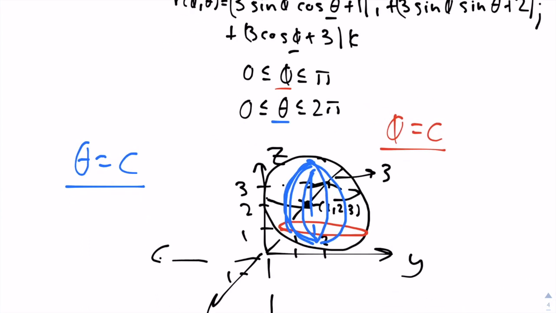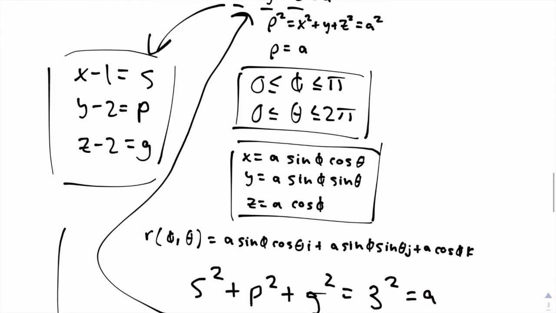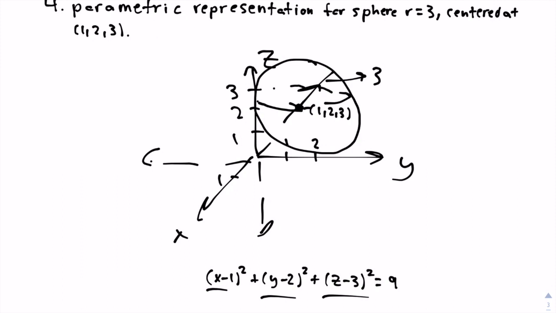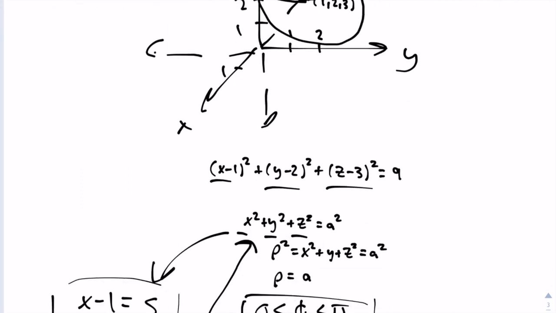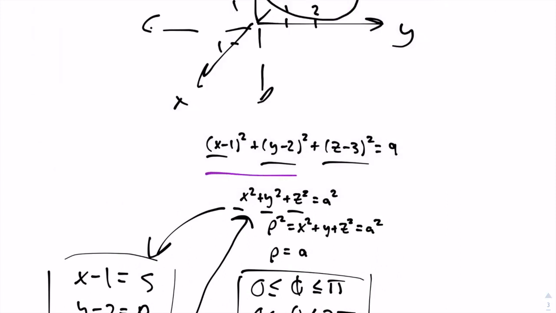So I guess that's it. Let's just recap a little bit to go over some points that we might have missed. We were trying to find the parametric representation for a sphere with a radius 3 centered at 1, 2, 3. The first thing we did is graph it. We got a pretty decent graph, and we wrote the rectangular equation, which we have right here.